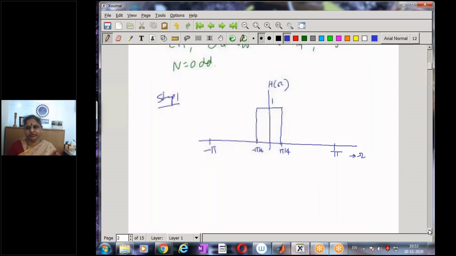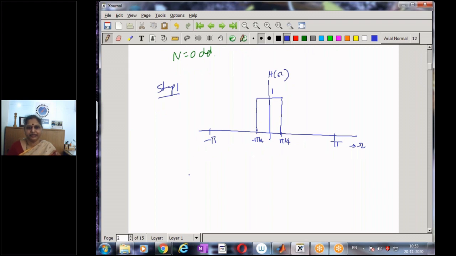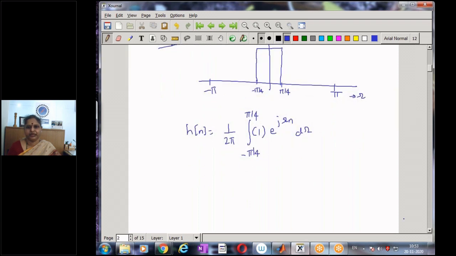Now we need to evaluate the integral, that is, the Fourier series coefficients of this periodic H of omega. In this example, h of n equals 1 by 2 pi, integral from minus pi by 4 to pi by 4, with gain 1, of e to the power of j omega n d omega. Evaluating it, I have e to the power of j omega n divided by j n, for the limits minus pi by 4 to pi by 4.